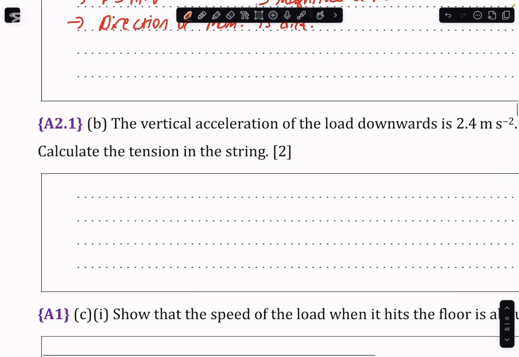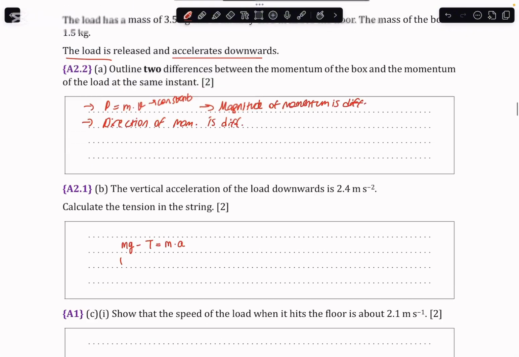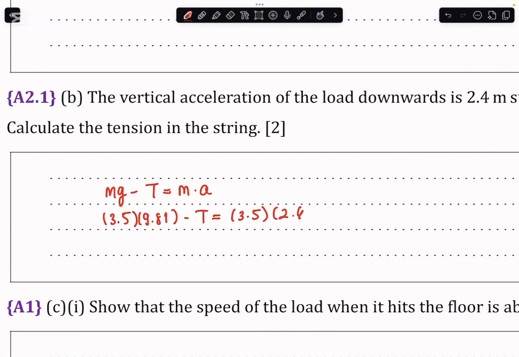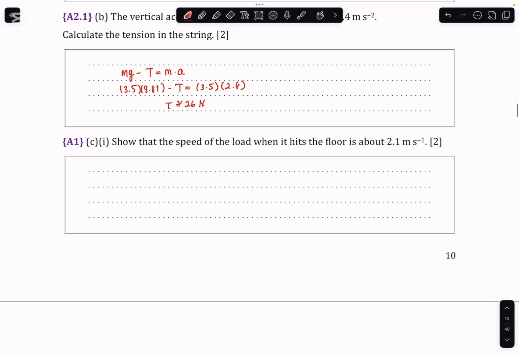So we have mg minus T, weight minus tension, equals m times a. Our load was 3.5 kilograms, so 3.5 times 9.81 minus tension equals 3.5 times our acceleration of 2.4 meters per second squared. So our tension comes to about 26 newtons, and that is the tension in the string.